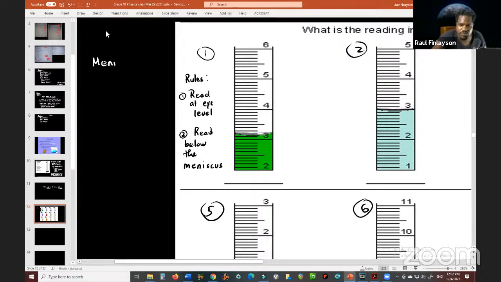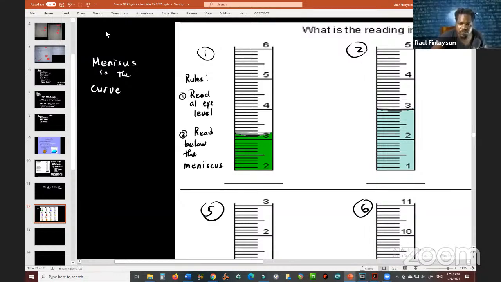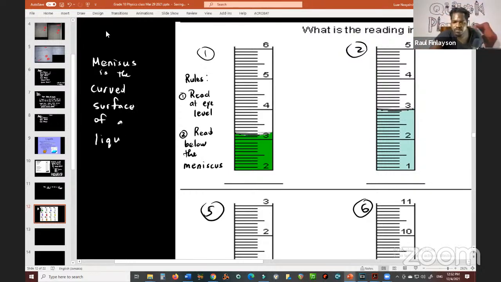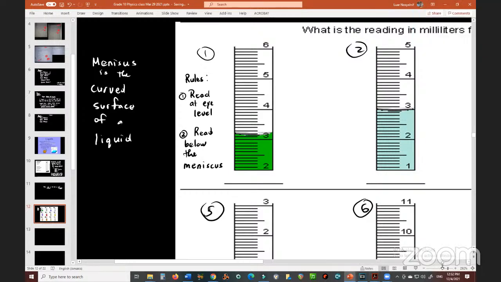Meniscus is the curved surface of a liquid. All right, curved surface of a liquid, guys. Everybody understand that? Yes, sir. All right, good.